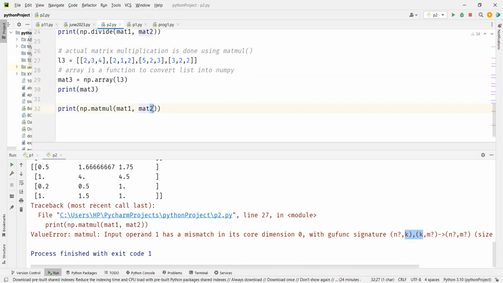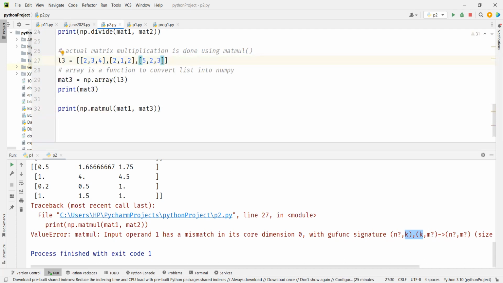Now see, Mat 1 has 4 rows and 3 columns, correct? 4 rows and 3 columns. Our this one should have three rows only. It cannot have more than 3 rows. So I need to delete one.